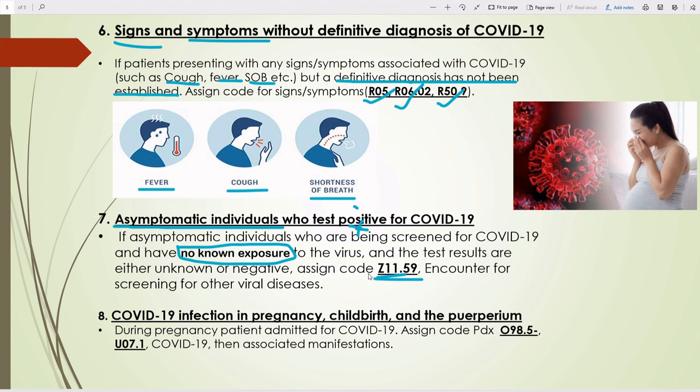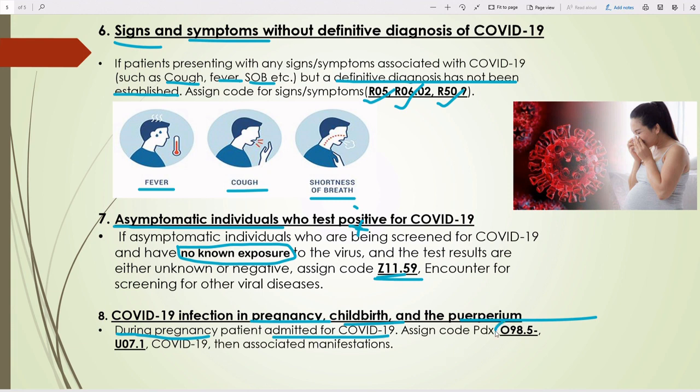So next and last point, COVID-19 infection in pregnancy, childbirth and the puerperium. It's very simple. Most people think pregnancy coding is difficult. It's not difficult, it's very easy. If a pregnant patient is admitted for COVID-19, that is a confirmed case of COVID-19.